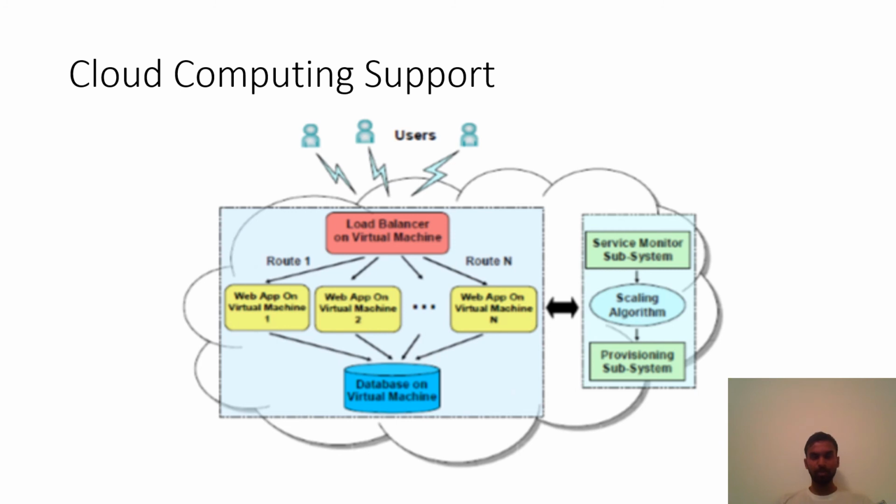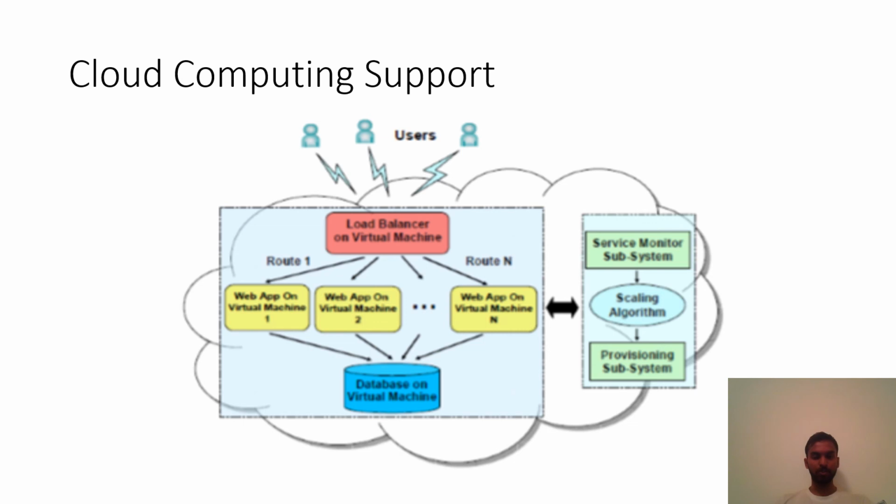So the communication is established with the TCP network, and with the increase in demand and development of cloud computing, people started developing web applications using cloud computing support, where they create a web application using the virtual machine and the load balancer.